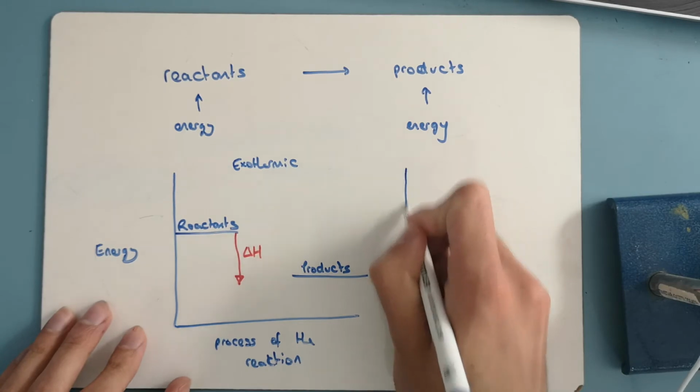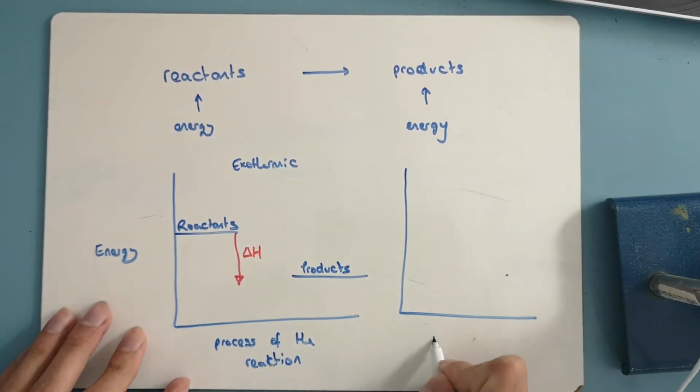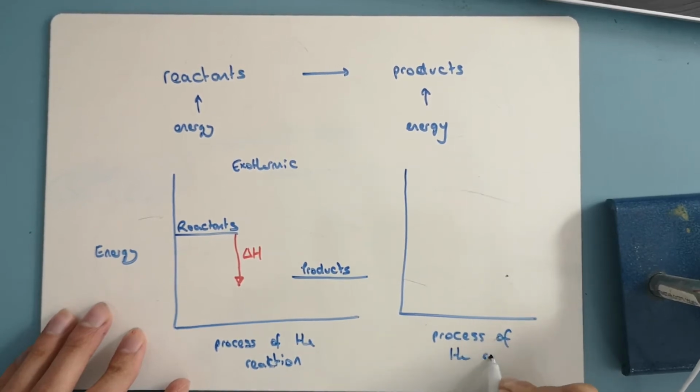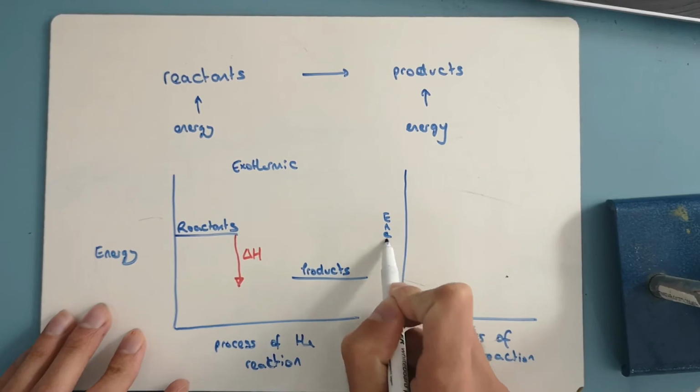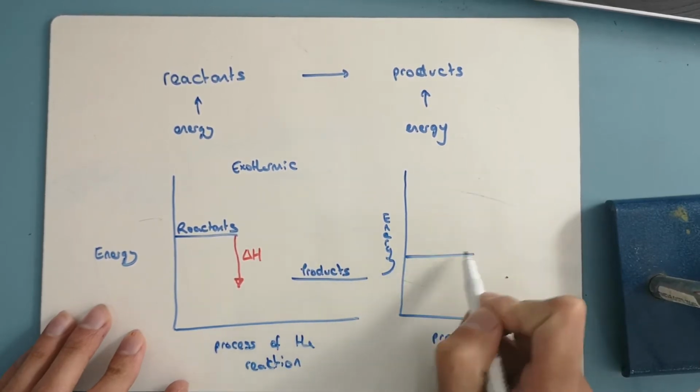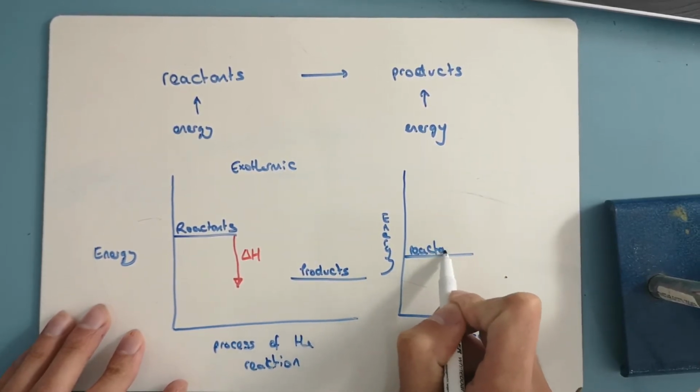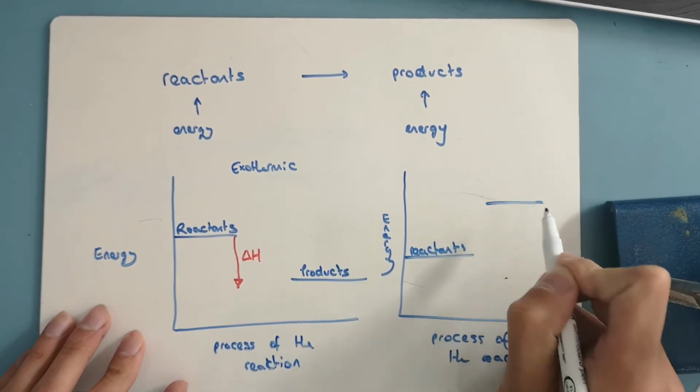The opposite can happen. So if I go and draw a second one, and we look at the process of the reaction, and energy, this time I'll put reactants here, put products with more energy.